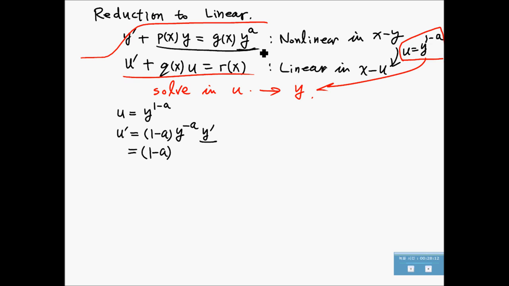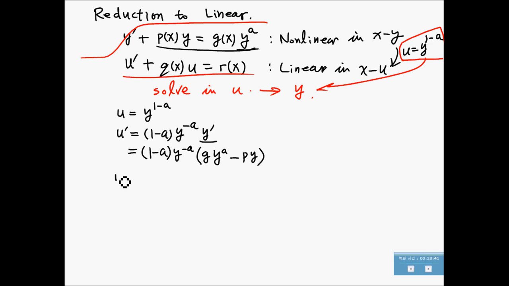Y prime is there, so we plug it in. y prime is g y to the a minus p y. We simply plug it in, nothing special.